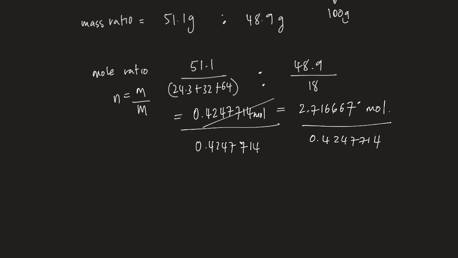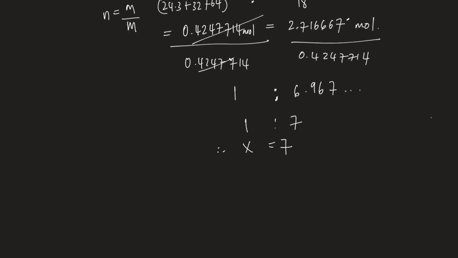All right, that's going to give you 1:6.967, and so on. We round that off, 1:7. So therefore x is equal to 7, and what my salt now looks like is MgSO4·7H2O.